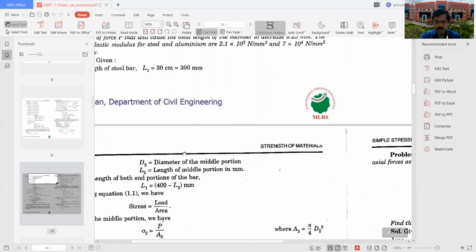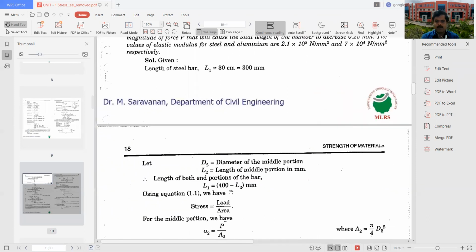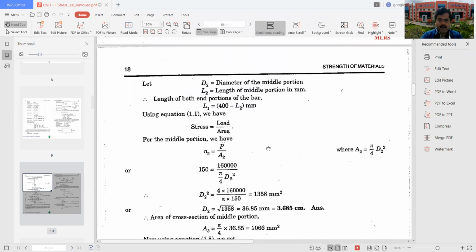So you can see L1 is equal to total length 400 minus L2, right? Stress is load by area, therefore for the middle portion sigma 2 is equal to P by A2. Middle portion stress given is 150, load given is 160 kilonewton, so 160 into 10 power 3 Newton divided by the area of the middle portion, pi D2 square divided by 4. Here D2 is the unknown, that is what they are asking in the question.